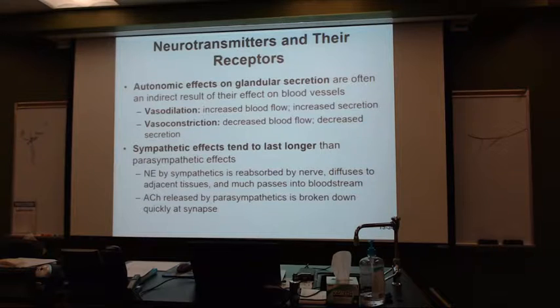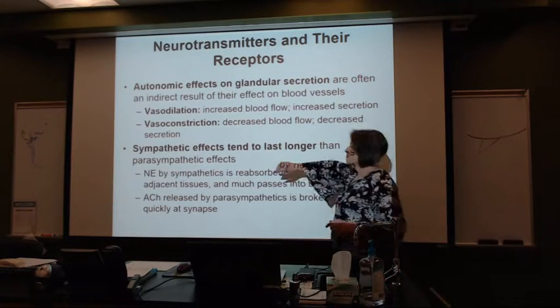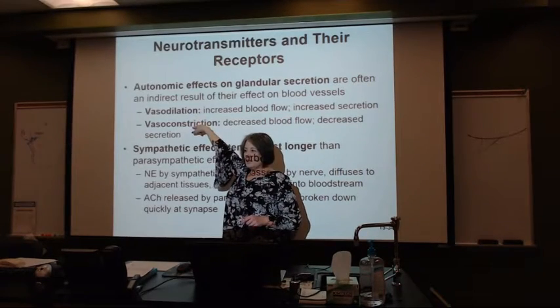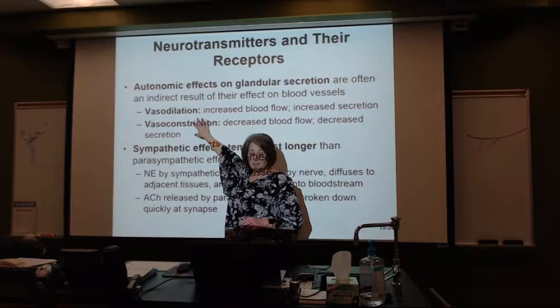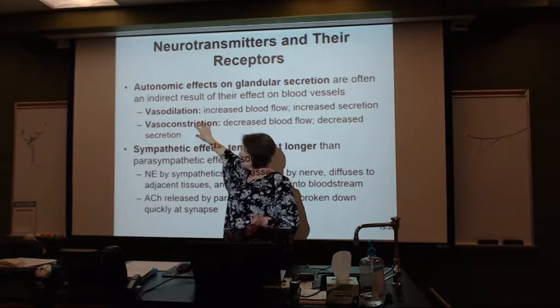Now, the neurotransmitters, what do they do? Glands. The effect usually comes from what happens to the blood vessel going to the gland. We're going to find vasodilation, vasoconstriction, terms that we're going to get to know as we move into blood vessels.